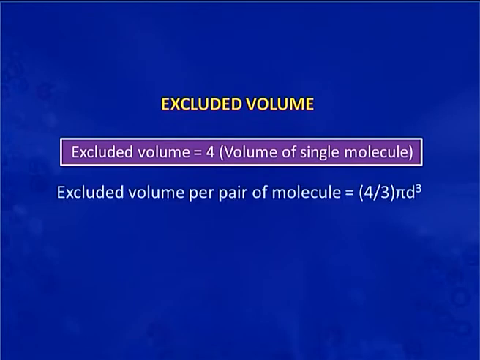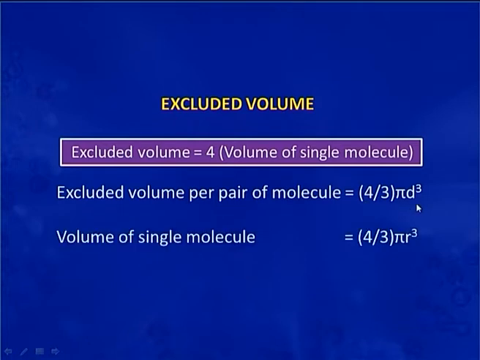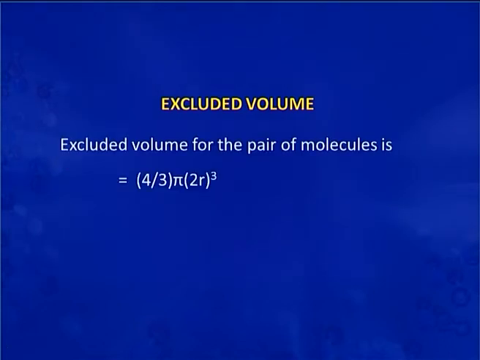Now, we have to derive it. The excluded volume per pair of molecules is 4/3 π d³. In place of d, we can write 2r. As we know, the volume of a single molecule is 4/3 π r³, and d is equal to 2r. So, the excluded volume of the pair of molecules is 4/3 π (2r)³.